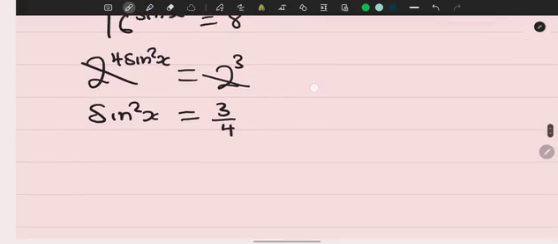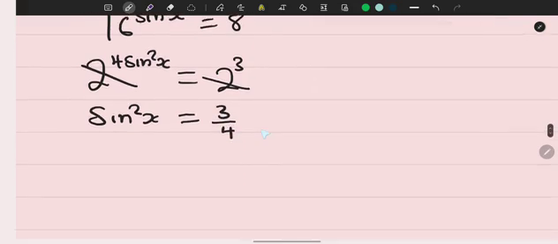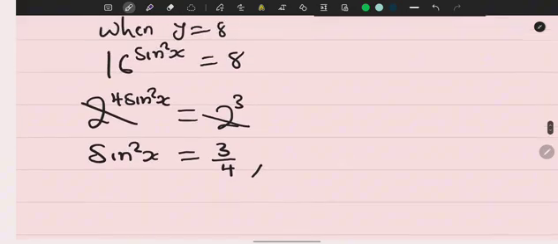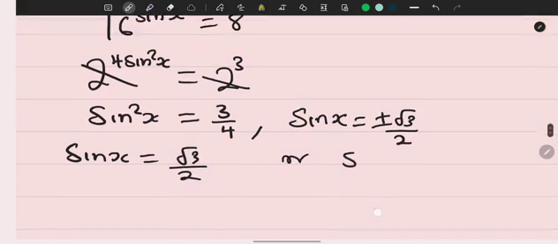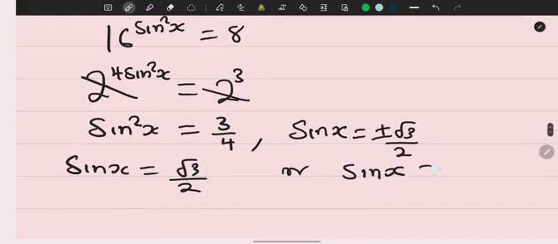Okay, so you all know that we're going to take the square root of both sides to get sine x. By the time you do that, you have sine x equals plus or minus root 3 over 2. Which implies that sine x is root 3 over 2, or sine x is minus root 3 over 2.